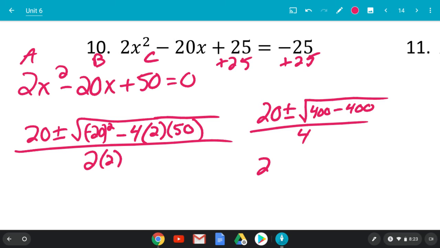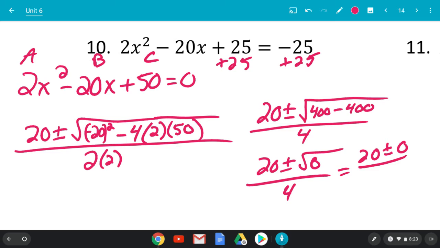Okay, so 20 plus or minus the square root of 0 over 4. Well, square root of 0 is 0, so that's 20 plus or minus 0 over 4, or in other words, that's 20 over 4, which is 5.